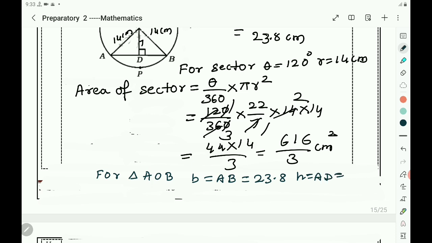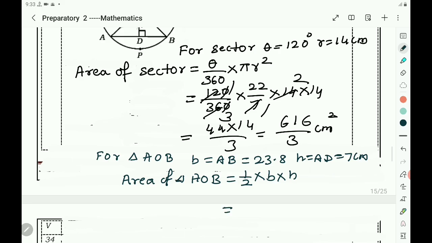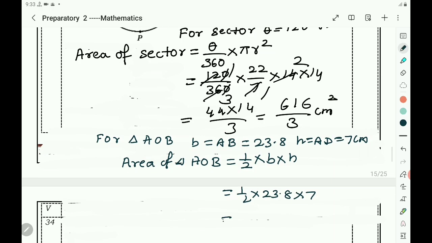AD is given, that is 7 centimeter. Then area of triangle AOB equals half into B into H, equals half into 23.8 into 7 centimeter.